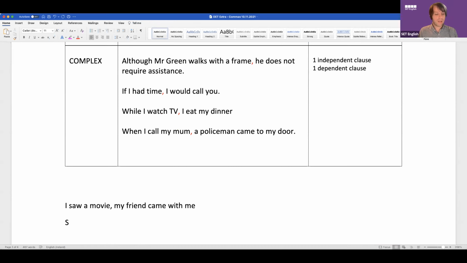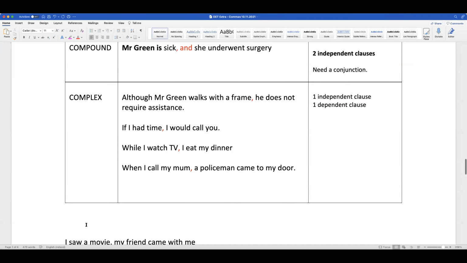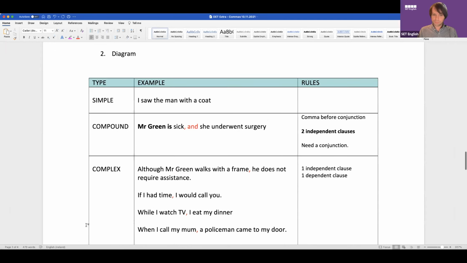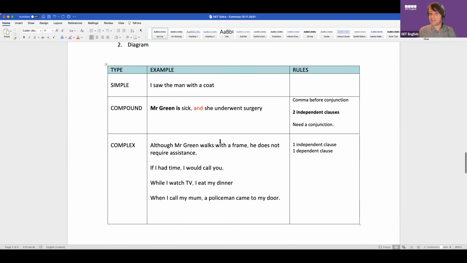I. And where's the second subject? My friend. Where's the first verb? Saw. And the second verb? Came. Does that make sense to you guys? Does anyone want to ask me any questions on this? This is the key point here, right? Almost all sentences you write, apart from participle clauses, will be like this.